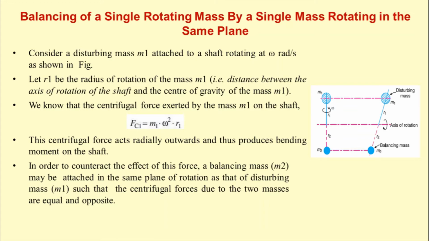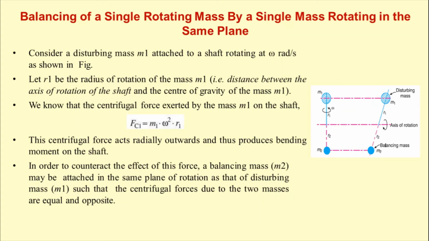Let r1 be the radius of rotation of the mass m1, that is, the distance between the axis of rotation of the shaft and the center of gravity of the mass m1. Now we know that the centrifugal force exerted by the mass m1 on the shaft, Fc1, is m1 omega square r1. This centrifugal force acts radially outwards and thus definitely produces bending moment on the shaft.